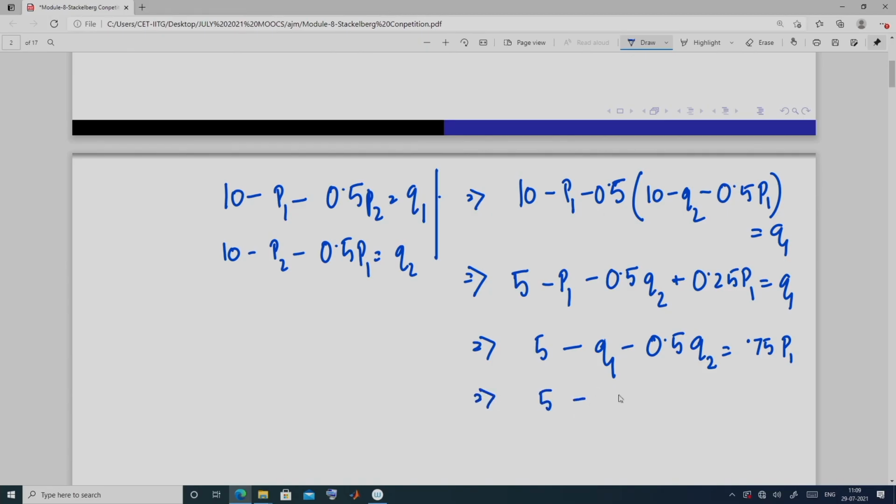So, this is the inverse demand function of good 1.